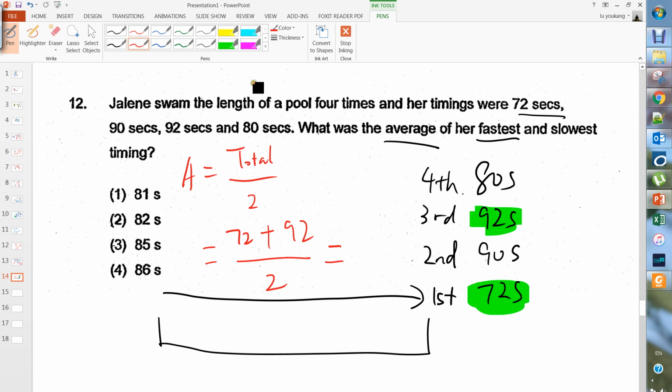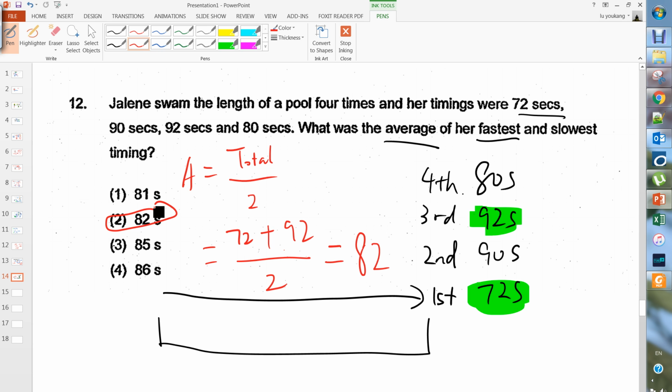What's the answer? So which one? Did you get it correct?